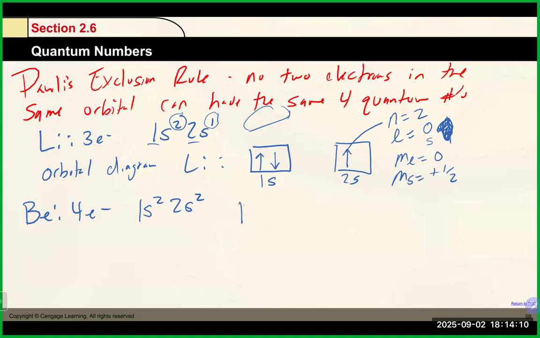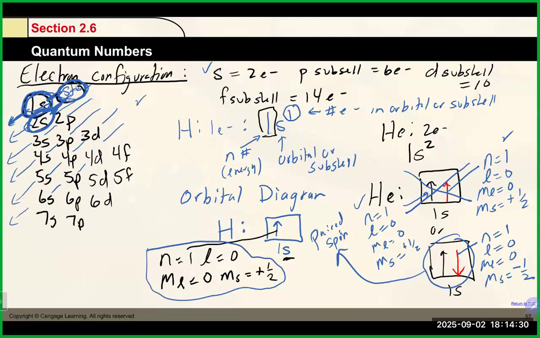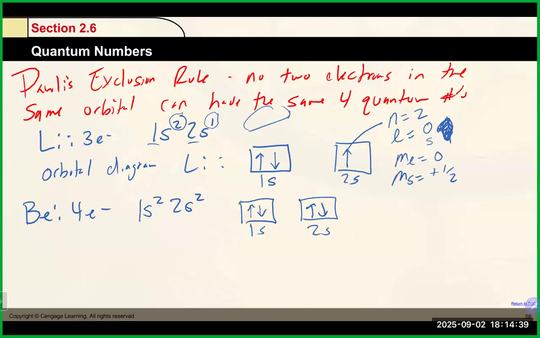In terms of my orbital diagram, once again, I'm just going to draw side by side instead of upwards. We're going to go up, down, up, and down. At this point, I cannot put any more electrons into that 2s orbital. If I have more electrons at this point, I now need to follow my little arrow and come back this way. And now we're going to hit into the 2p orbitals next to fill that up. Any questions on that so far?